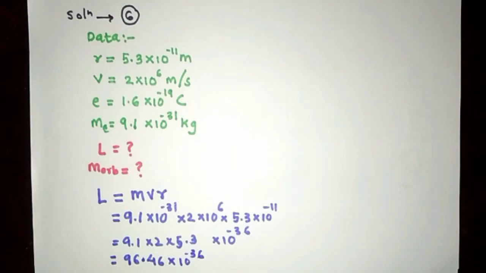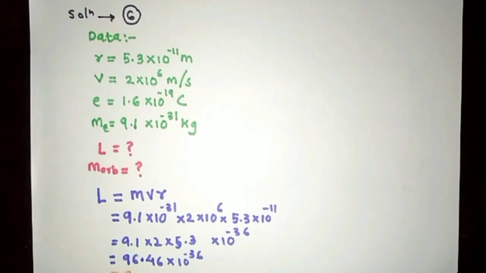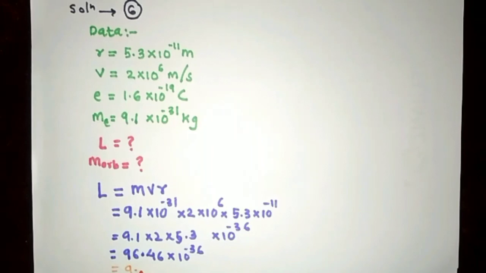Now what we can do, we can shift the point and have our answer. If I make it 9.646, see the fourth digit is greater than 5, so we add 1 to the previous number.